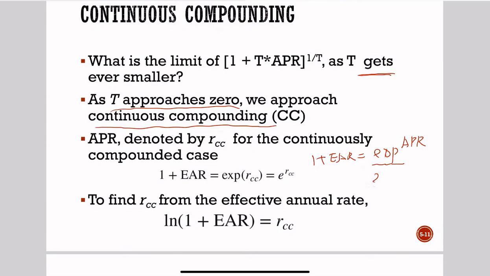It's about 2.7, right? So this is how these two are related. Here, RCC refers to APR with continuous compounding. And of course, given this formula, we could find out, if you have the effective annual rate, what is the APR under continuous compounding?